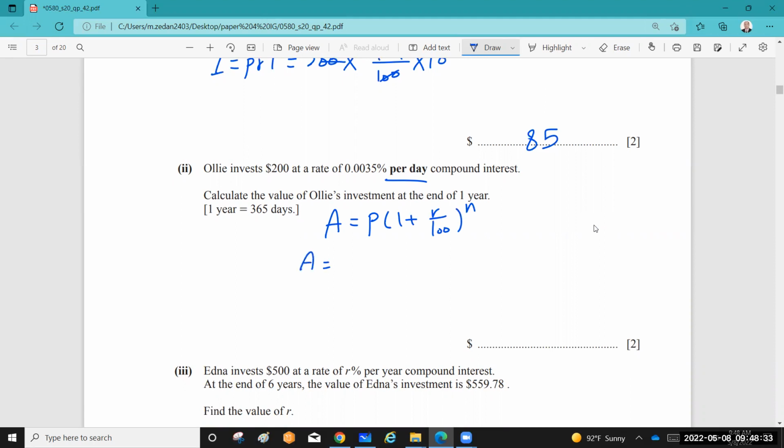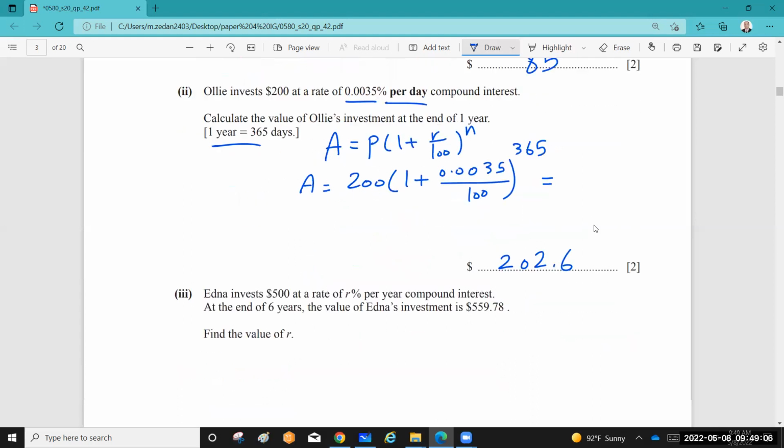The final amount A is the principal 200 times 1 plus 0.0035/100. The power must be the number of days, not years, because this percentage is per day. 1 year gives you 365 days. Calculate this expression by calculator and you will get about 202.6.